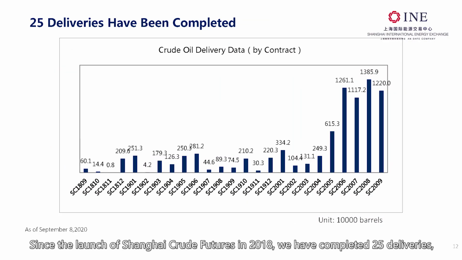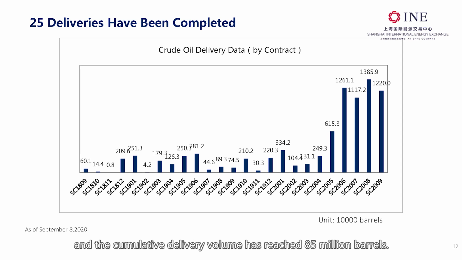Since the launch of Shanghai crude oil futures in 2018, we have completed 25 deliveries, and the cumulative delivery volume has reached 85 million barrels, and among these, around 64 million barrels has been delivered this year.